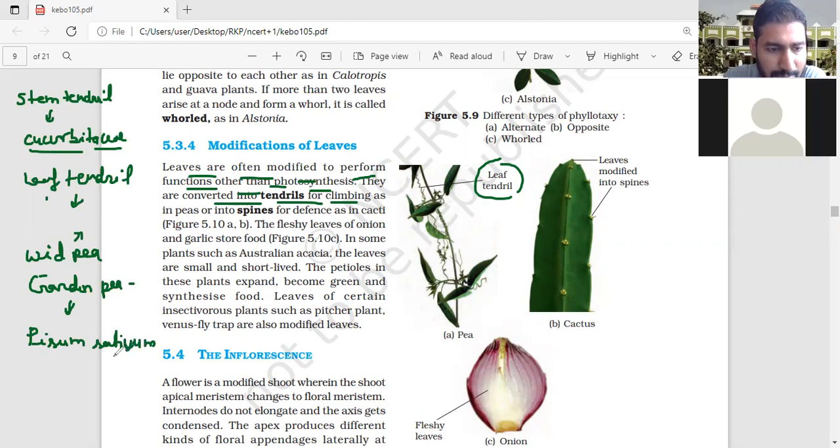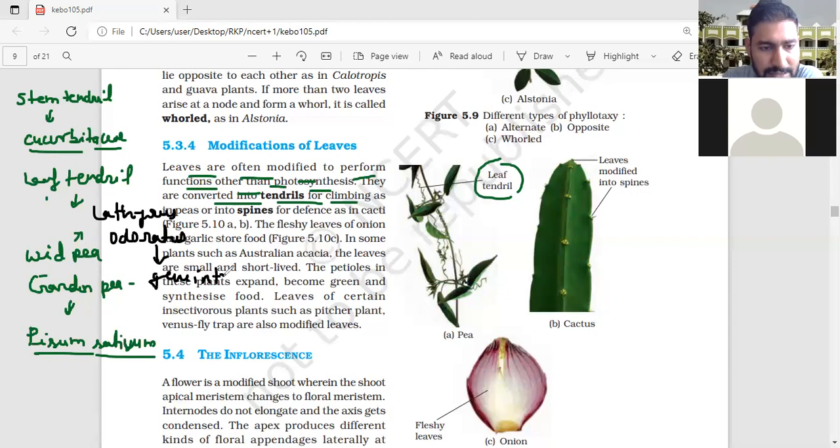And wild pea? Anyone, can you tell the wild pea scientific name? And where is it used? Anyone, can you tell? You don't know. Lathyrus odoratus. And it is used in the study of gene interaction.